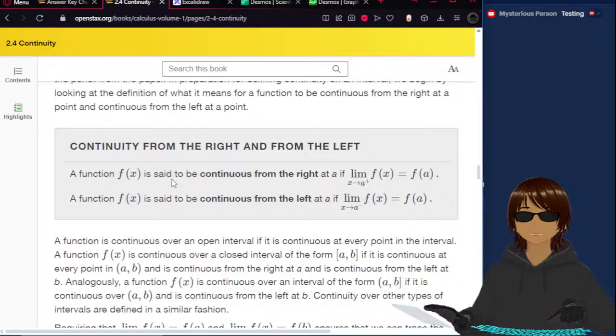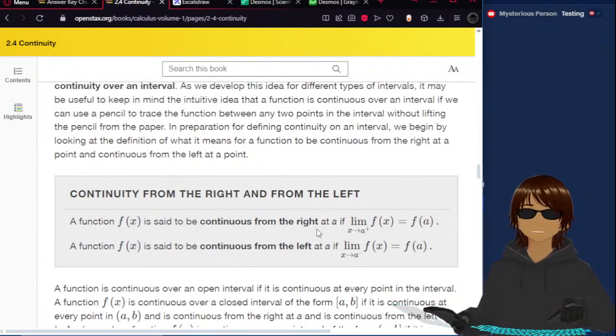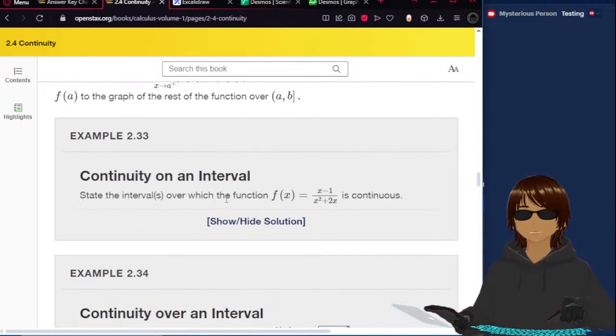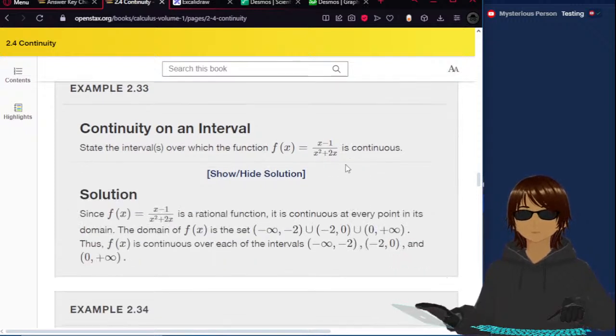Continuous at an interval. Function is said to be continuous from the right at a if from the positive side, it's defined, and continuous from the left is from the negative side, it's defined. State the intervals over which this function is continuous. From negative infinity to minus 2, so defined at minus 2 and at 0, so there are gaps at minus 2 and 0.